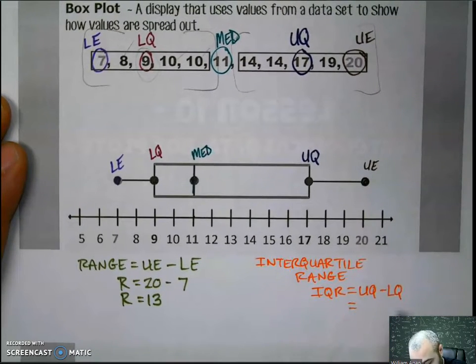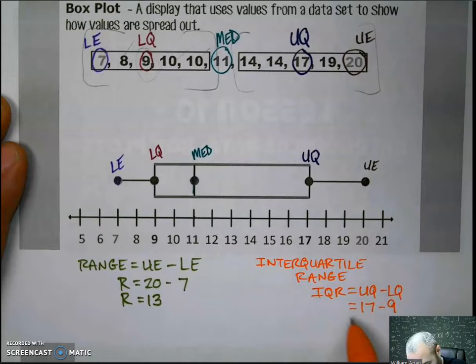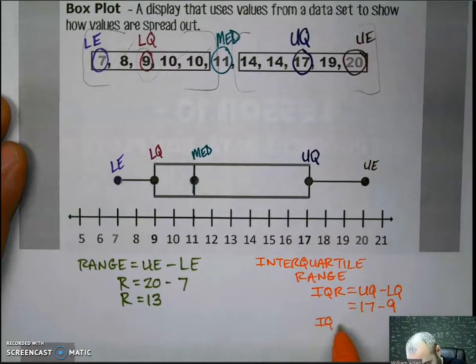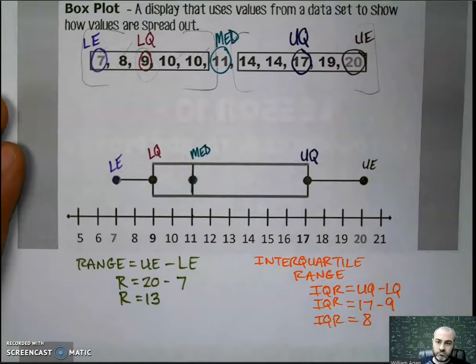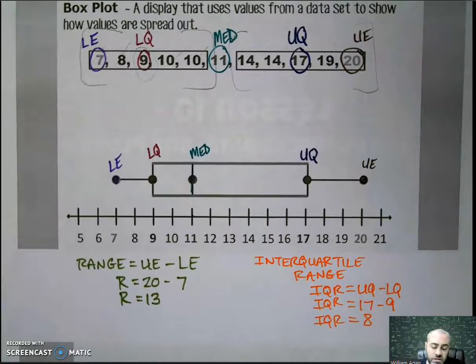Okay, so in this example, it's going to be 17 minus 9, which gives us an IQR of 8. Okay, those are the things that you will usually have to find on a box plot.